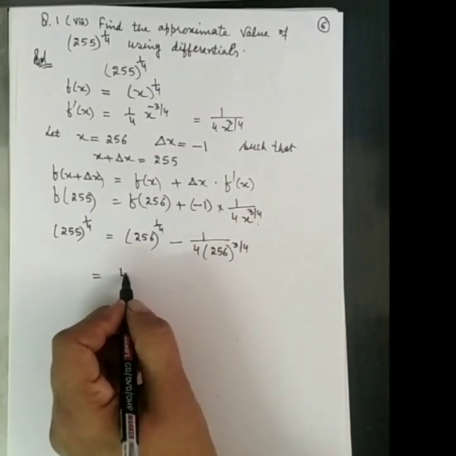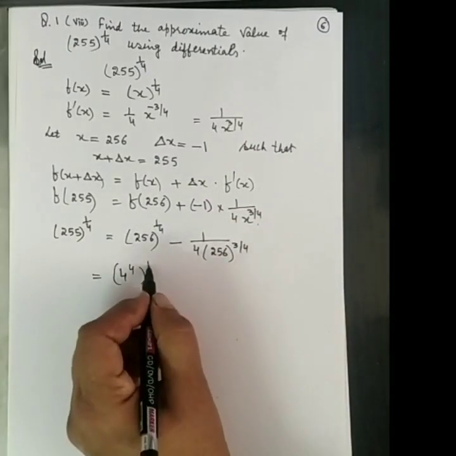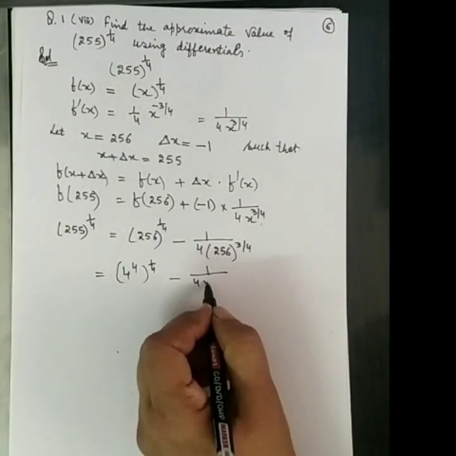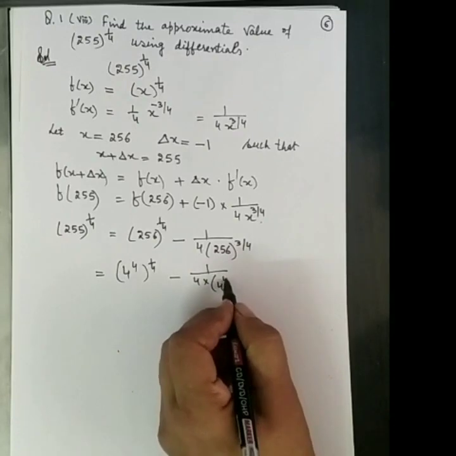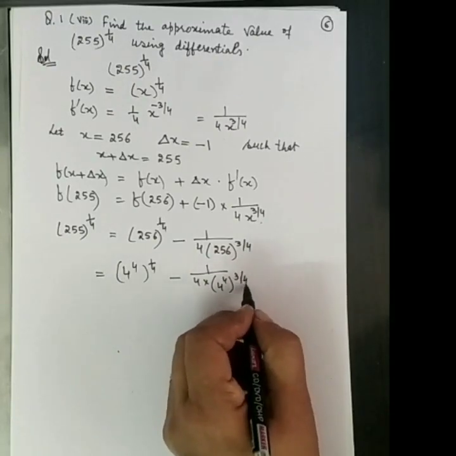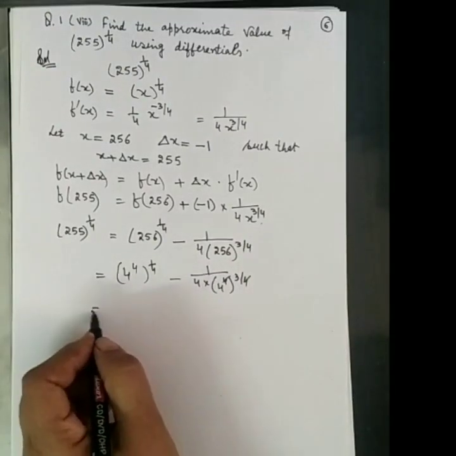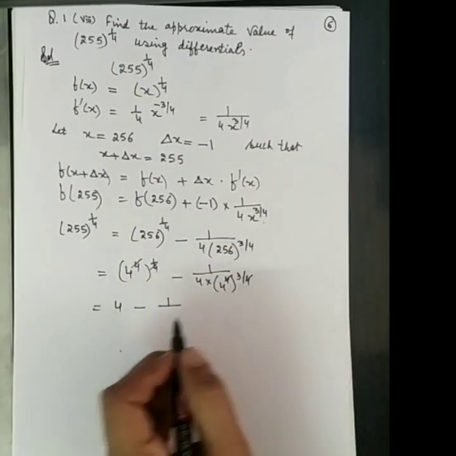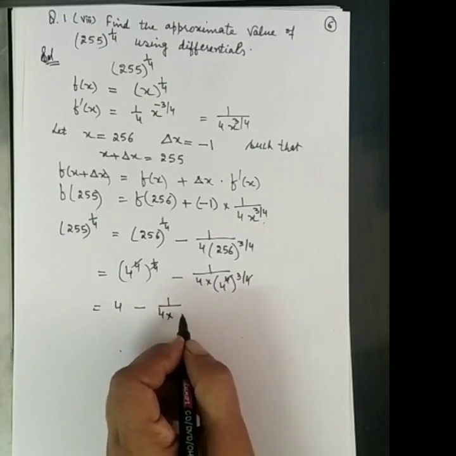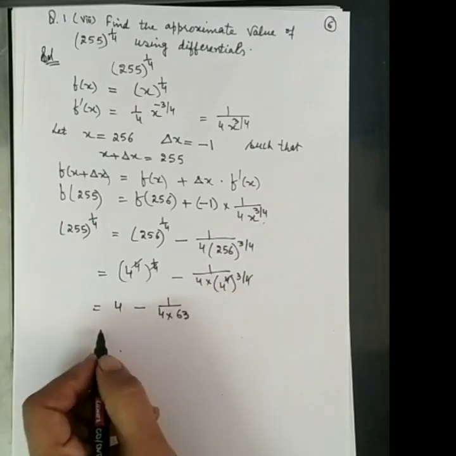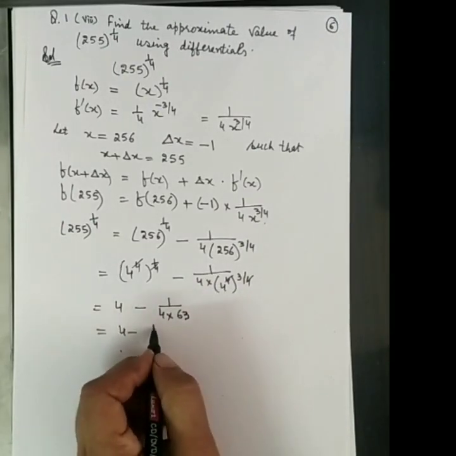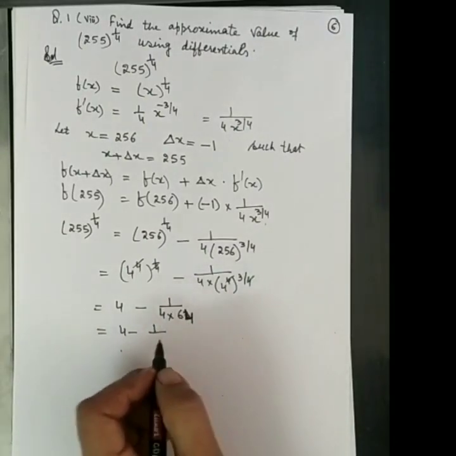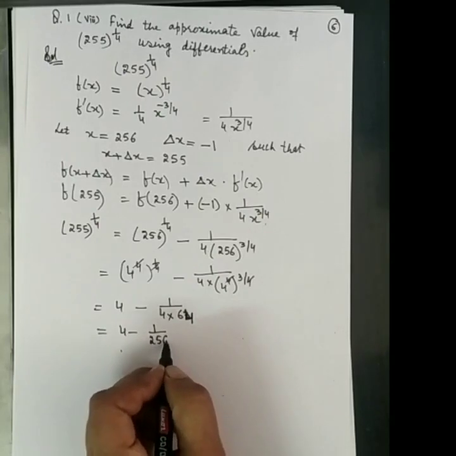So it is 4 raised to power 4 minus 1 upon 4 into 4 raised to power 4 to whole power 3 by 4. 4 cancel. It is 4 minus 1 upon 4 multiply 4 raised to power 3, that will be 64. So 4 minus 1 upon 64, it will be 1 upon 256.